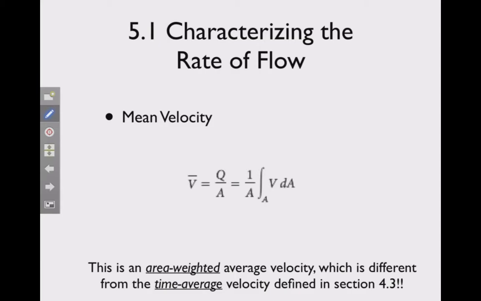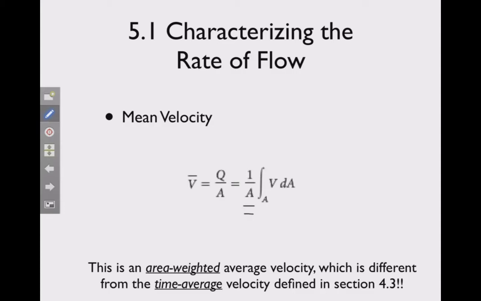Now, we also make a definition here of the mean velocity. The book talks a little bit about this. It's important to note that this is a different type of mean velocity, because for the volume flow rate it's an area weighted velocity.